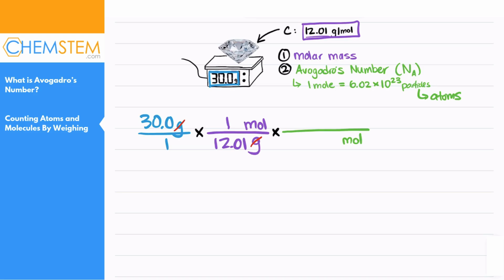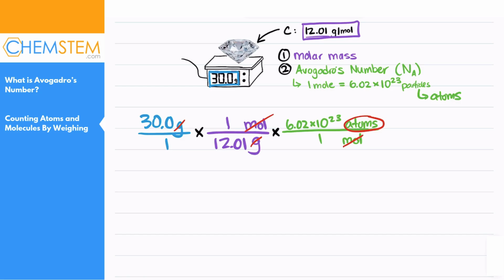So you could have put particles, or you can put a slightly more specific term, in this case atoms. But 1 mole of anything, in this case carbon atoms, is 6.02 times 10 to the 23rd atoms. It's a huge number. But the good news is you don't have to count all those atoms in that diamond, because you just did the math for it. Moles cancels out, atoms does not.